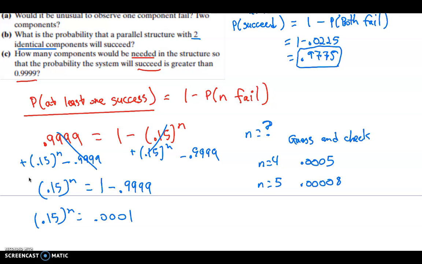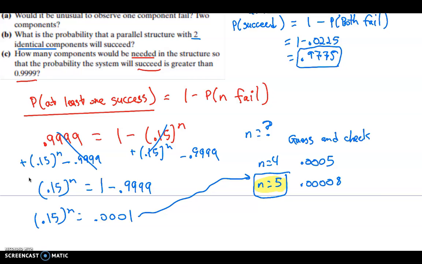You can see that 0.0001 falls somewhere in between. So in this case, you would need at least 5 components. If you were building a system and you wanted to succeed with 0.9999 probability, and you know the fail rate of 0.15 and they're independent, then you want your structure to have at least 5 components to ensure that probability.